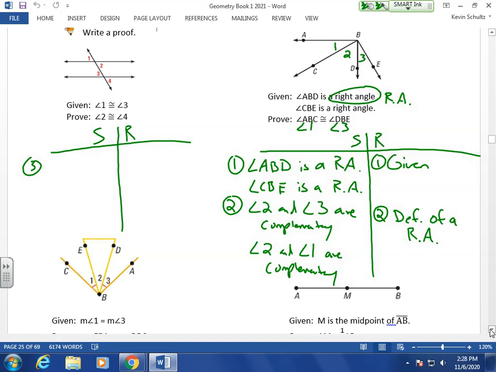So angles 2 and 3 are complementary. Angles 2 and 1 are complementary. We did introduce a theorem today involving complementary angles. What'd that say? The congruent complement theorem.